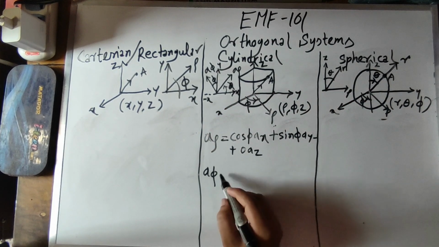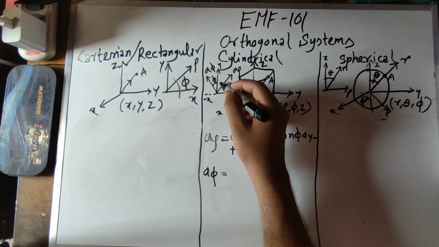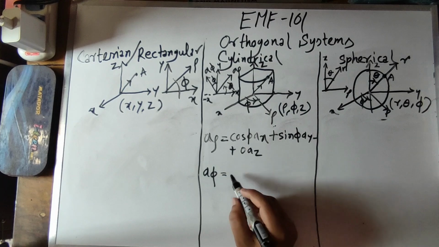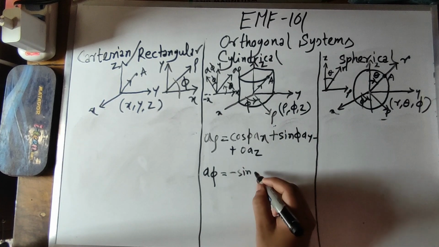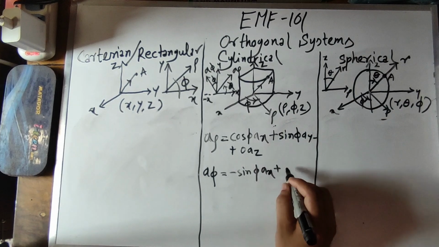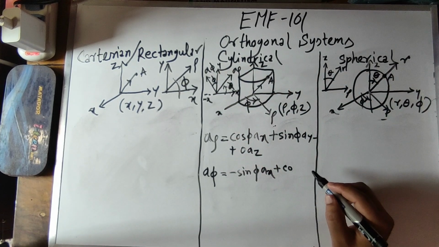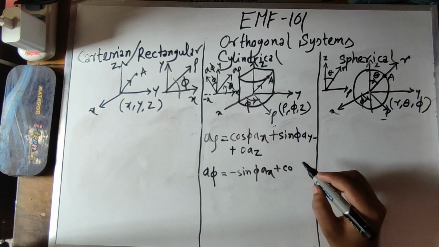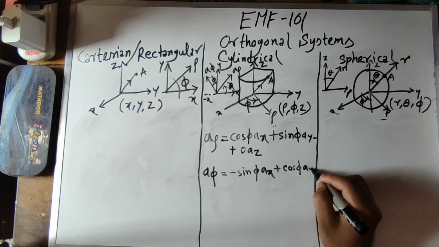Okay, so we can see that a row has minus sine phi component in the direction of x, so minus sine phi ax, and plus cos phi because it has cos angle with y, cos phi ay.